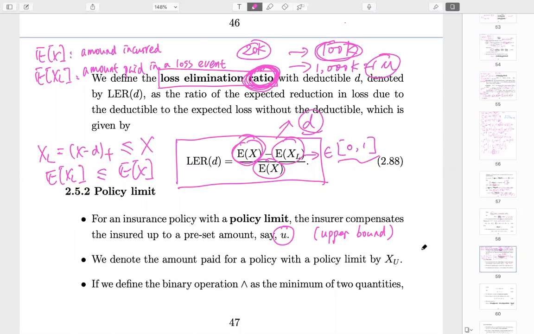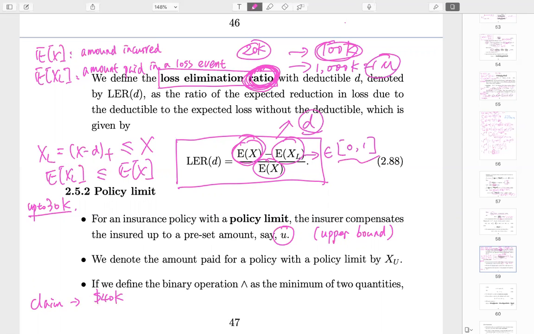Let's say I have a policy, let's say a home policy. It covers up to, let's put a number, let's say 30K. So the maximum amount my insurance company will pay on my property is $30,000, no matter how big the claim is. So let's say there is a claim of size, let's say 40K.